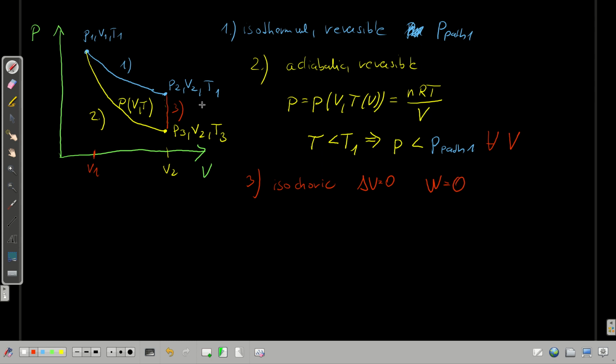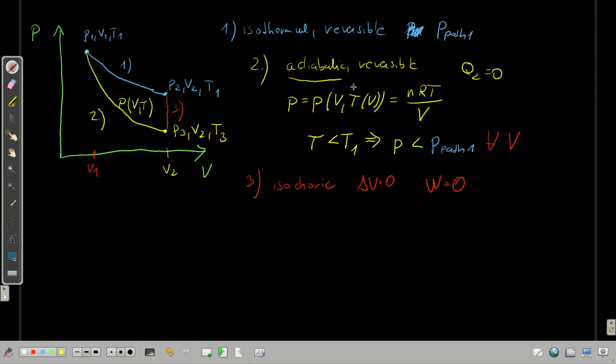Now let's calculate for path number 2 the work, and also Q, but Q we do not need to calculate because we are dealing with the adiabatic case here.